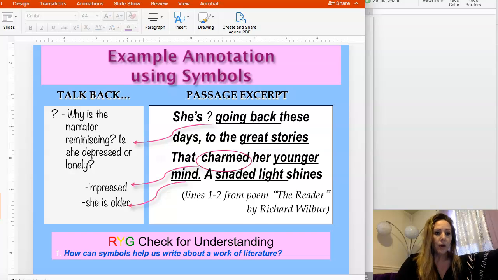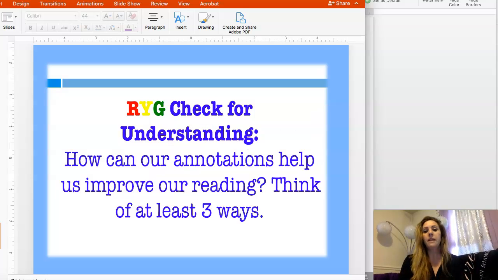Okay, so let's pause and just think about how can our annotations help us improve our reading? Can you think of 3 ways? Hopefully you paused the video, thought of some things, and maybe you thought of things like, well, by doing annotation work, I am causing my brain to be active, and I'm going to avoid daydreaming and spacing out because I have to actively do something and think about what I'm reading.